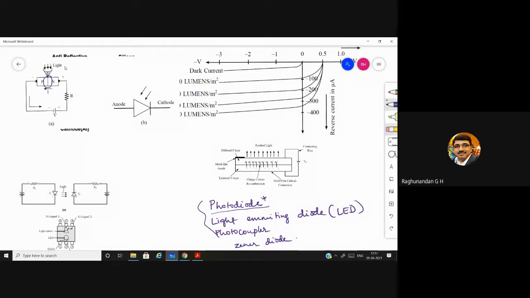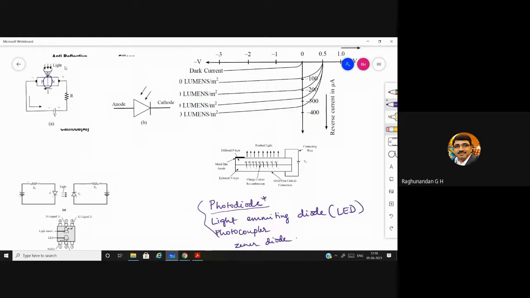Now, why do we need this? You can ask me why you want to make this diode reverse biased and have this much current, and why can't you have the diode in a forward bias condition? And also one more thing, why can't you make this light fall on the entire P and N layer? So what will be your answer?